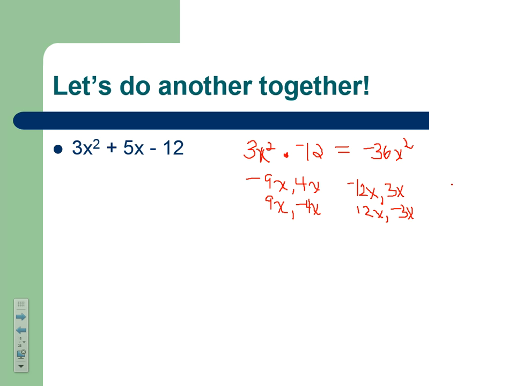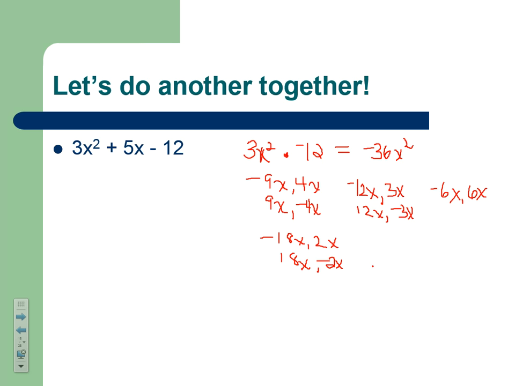We also have negative 6x and positive 6x. And it would be the same as we reversed it, so we don't have to list two sets here. We also have a negative 18x and a positive 2x and a positive 18x and a negative 2x.